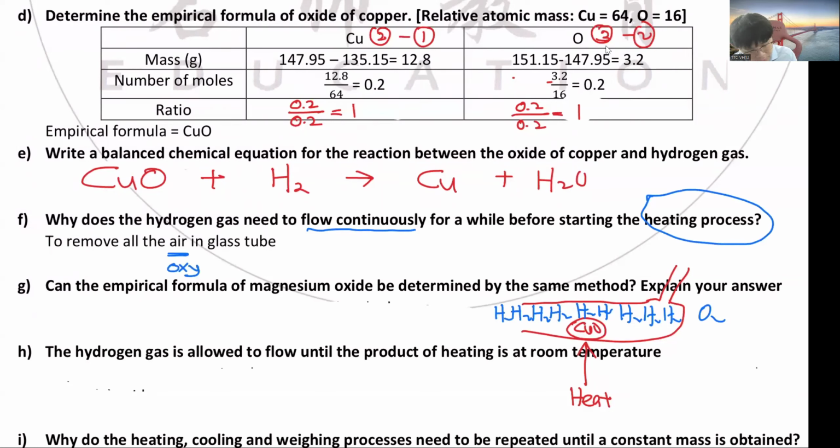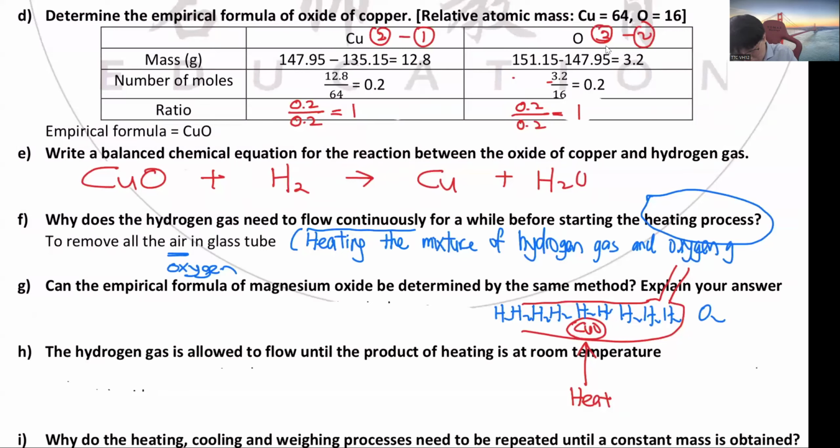Air means oxygen, because heating the mixture of oxygen and hydrogen gas is dangerous. If it is 2 marks, then you write the second sentence.